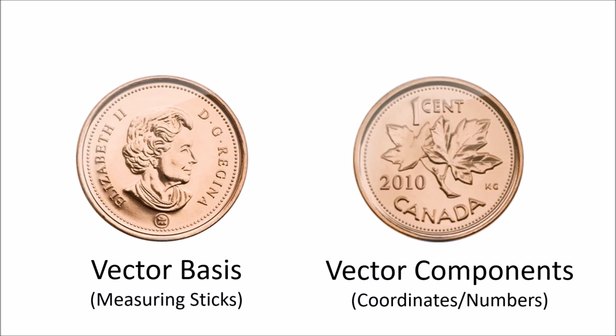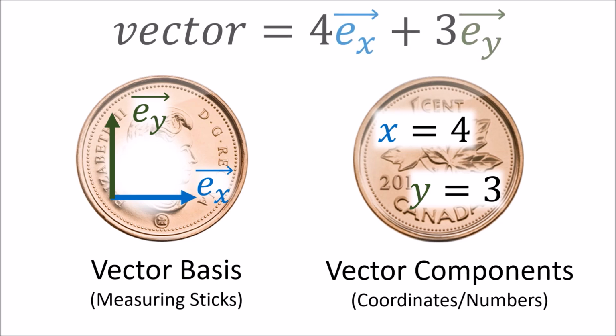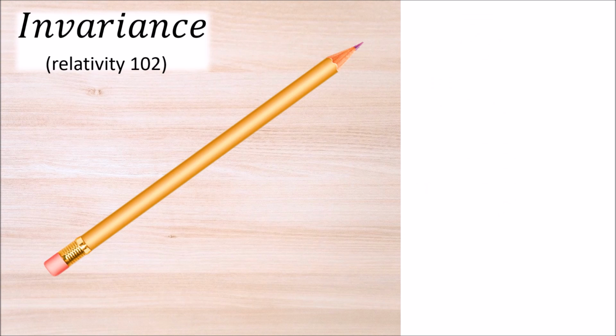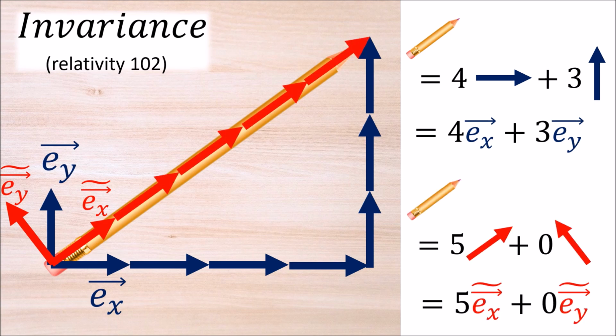I've said this several times throughout this video series, but I'm going to say it again. Basis vectors and vector components are two sides of the same coin. Anytime we're dealing with vectors, we need to think about both the basis vectors and the vector components. It doesn't make sense to talk about one without also talking about the other. In Relativity 102, I introduced the idea that the same vector can have different components if we measure it using a different vector basis.